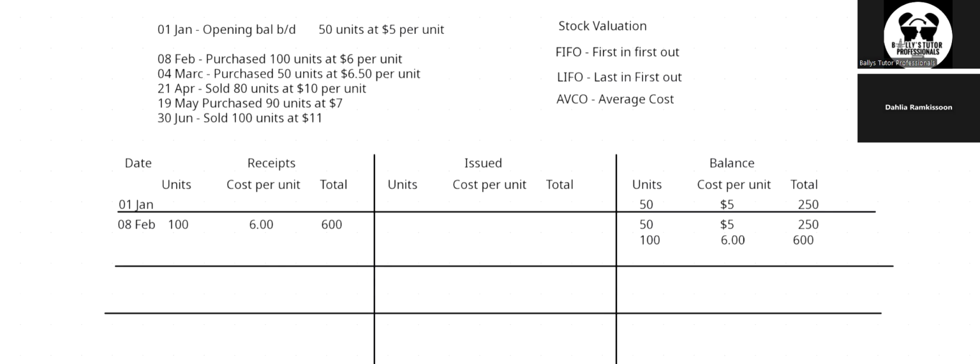Right here, the differences start immediately. So under AVCO, every time you purchase new goods, you calculate a new average cost. And to calculate average cost, you take your total cost and divide it by your total units. So my total cost is 850.